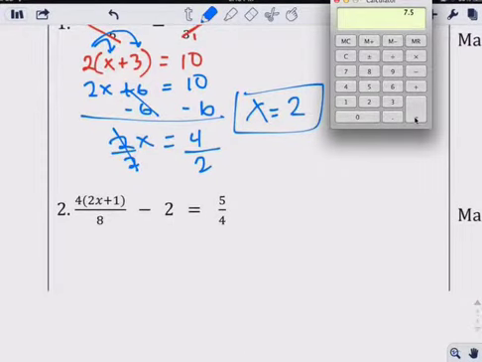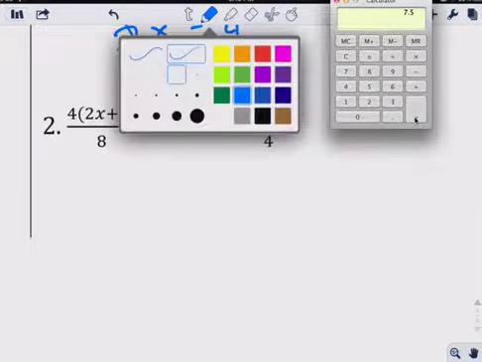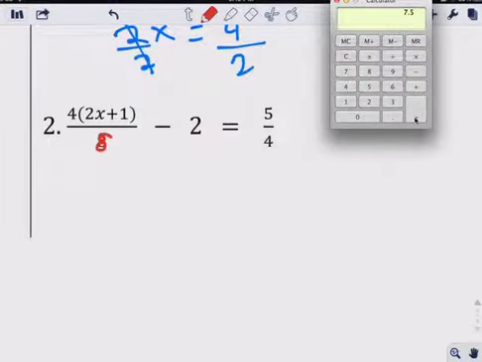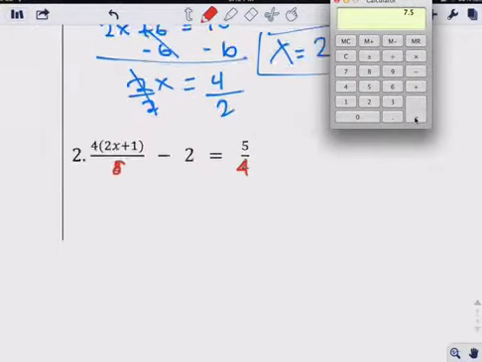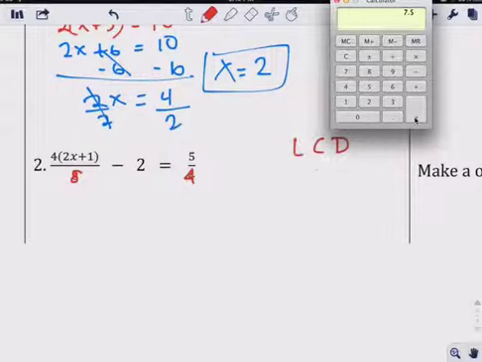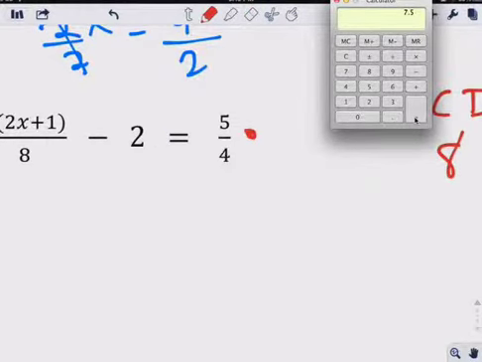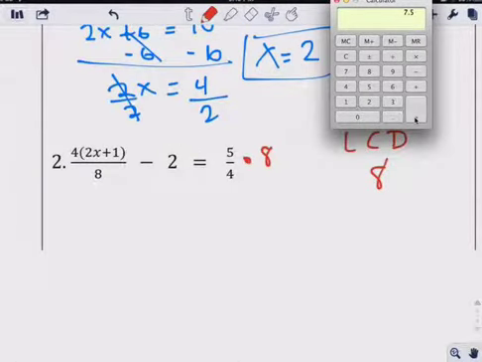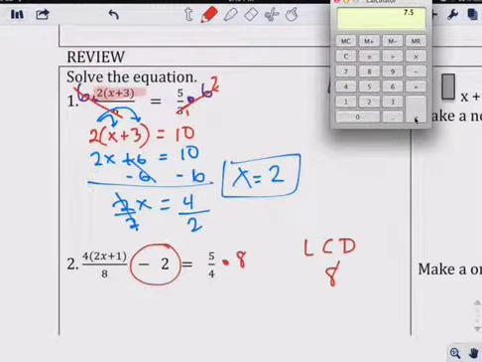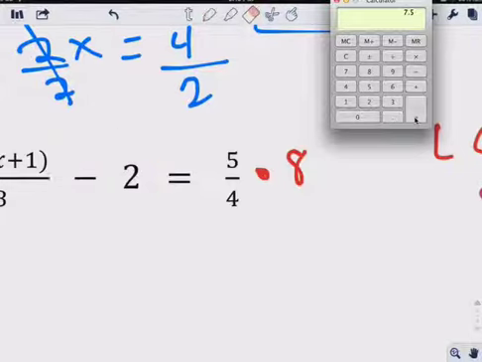Okay, so the bigger denominator here is either 8 or 4. Your biggest denominator, least common denominator, is 8 here. So you multiply all terms by 8. This one in the middle that did not have a denominator, you also need to multiply by 8.